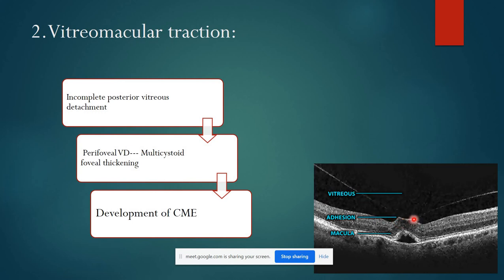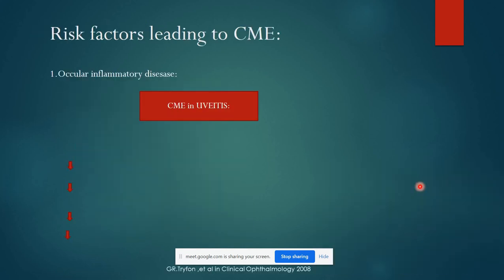This is called an incomplete posterior vitreous detachment. This is a portion where it strongly adheres to the retina, and when it gets pulled, there is a pulling of the retina and CME formation.